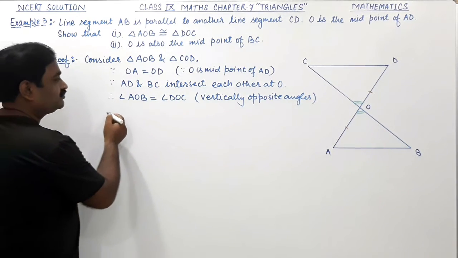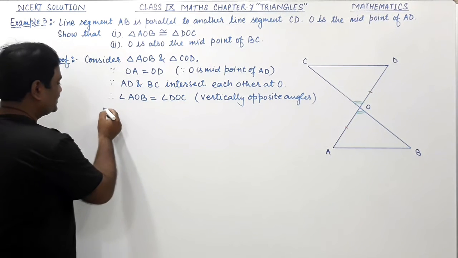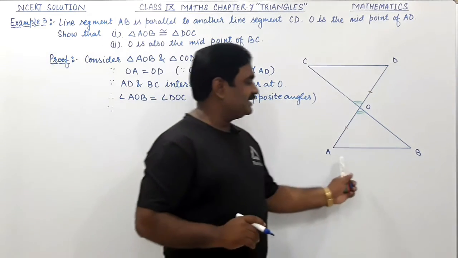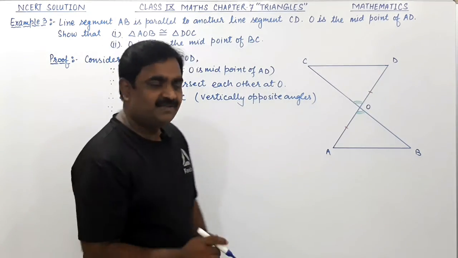Okay. So, you can say that since, second thing, अभी आपको ये पता है कि this AB is parallel to CD. This you know.